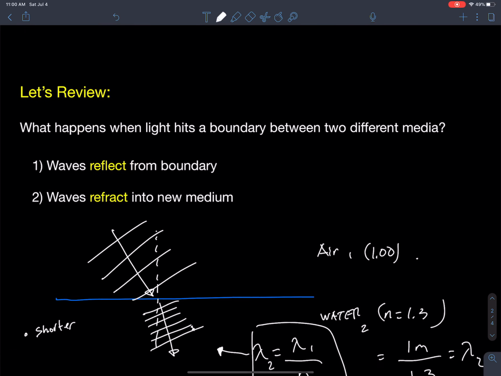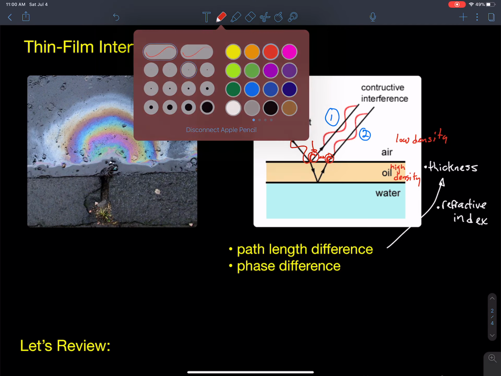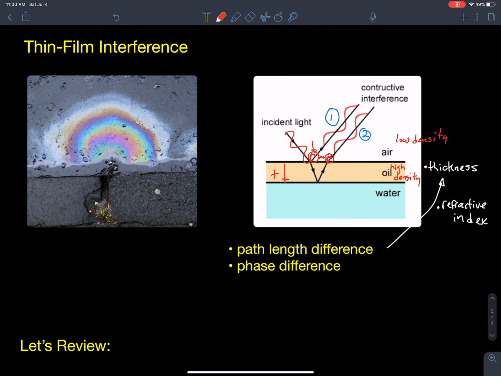That's important because when I'm looking at the thickness of that material, I need to be able to count the number of wavelengths that go in and come out, so that I'll be able to predict, is it going to come out as a trough or is it going to come out as a crest?